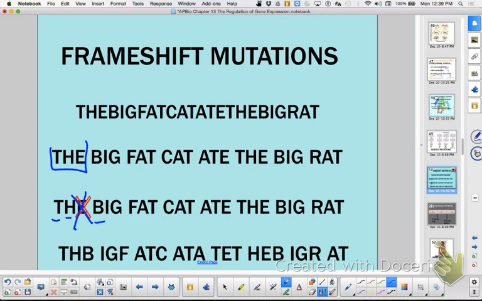B. Okay? So then my next codon is IGF. And every one of the codons, this is not a point mutation, this is a frame shift because I'm off. I'm reading in the wrong frame now for all of them. So every flipping amino acid is probably going to be wrong. So that is a real problem, okay?